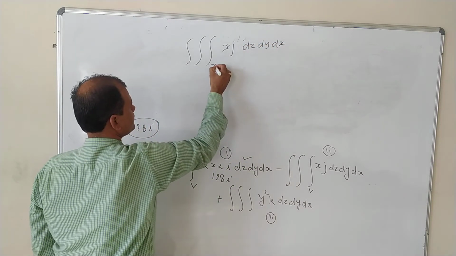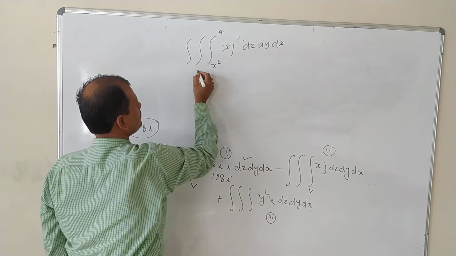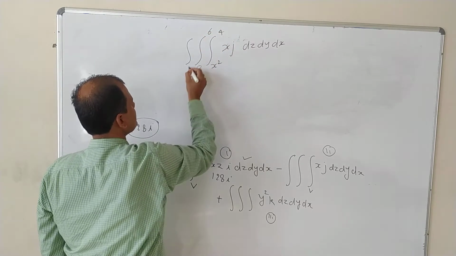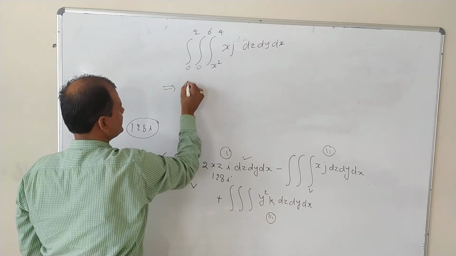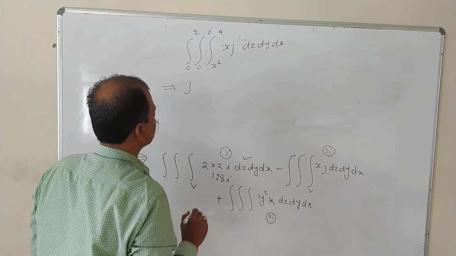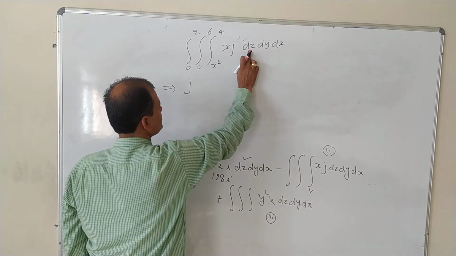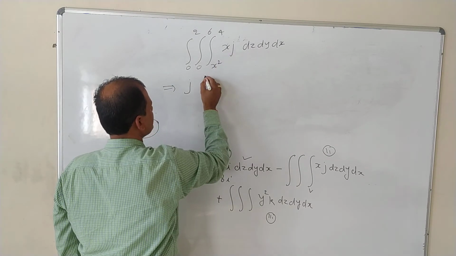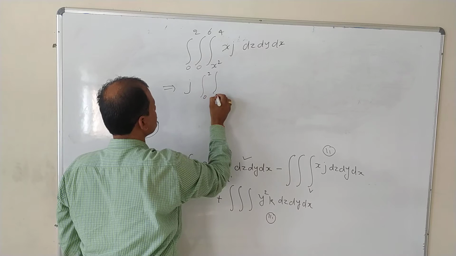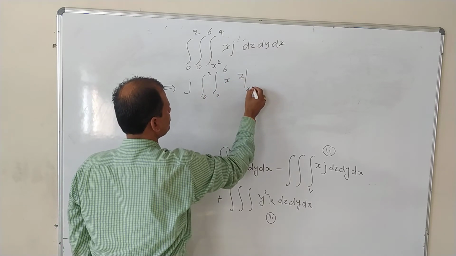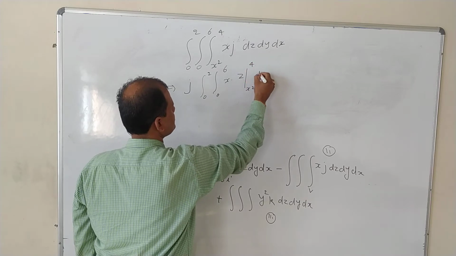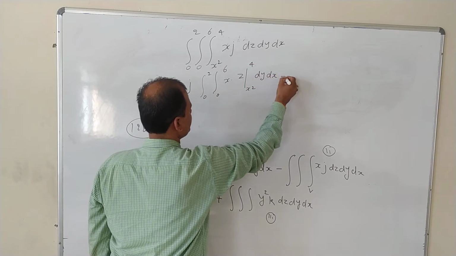Z limit is x square to 4, y limit is 0 to 6, x limit is 0 to 2. So j is a constant, we can take it outside, and you integrate with respect to z, so x is constant, so we have 0 to 2, 0 to 6, x, and the z limit will be x square to 4 dy dx, fine.